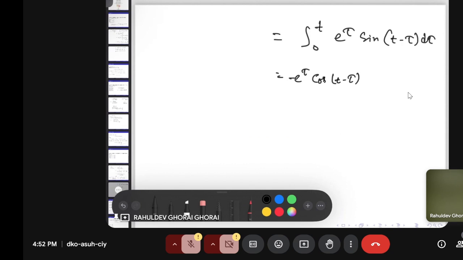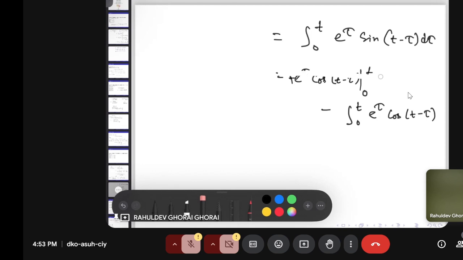That will be positive because minus tau is there, from 0 to t. e to the power tau cos of t minus tau.